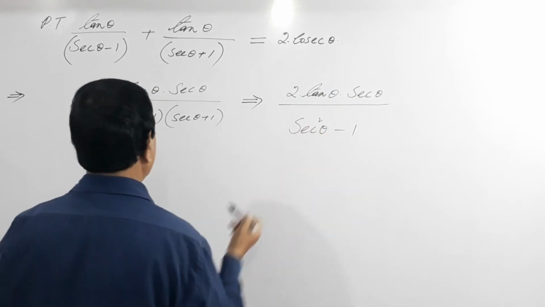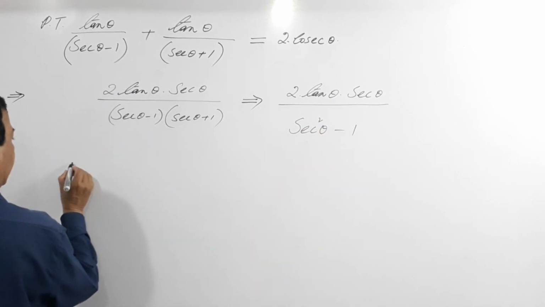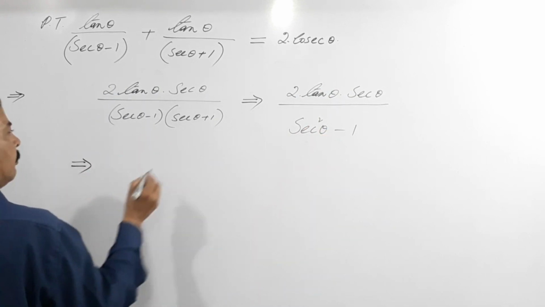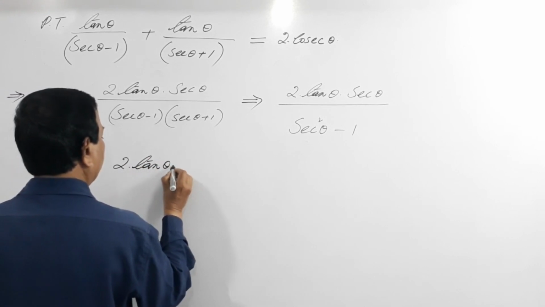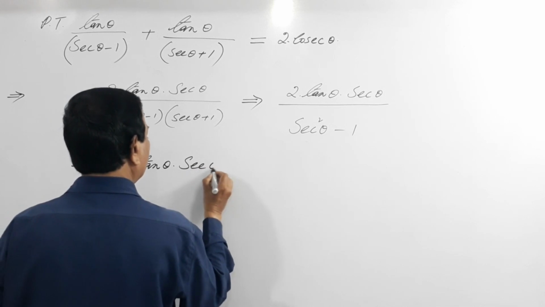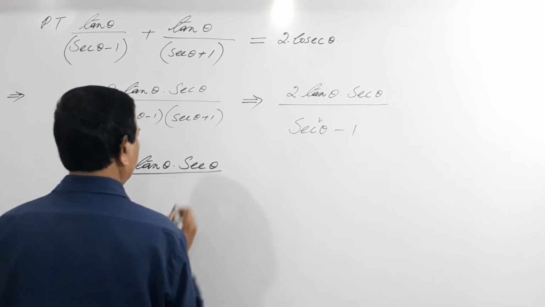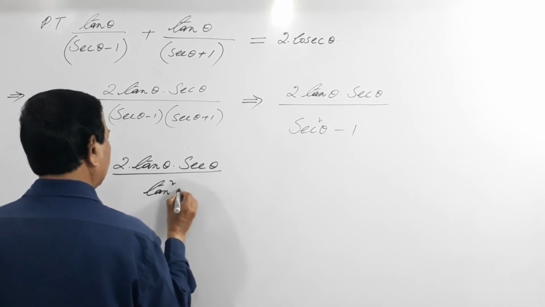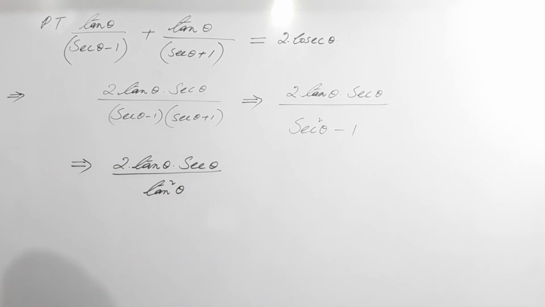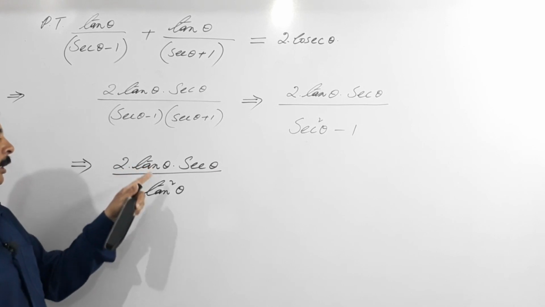So what happens to this? This equals 2 tan θ into secant θ divided by tan square θ. Now we have here tan θ and here tan square θ.